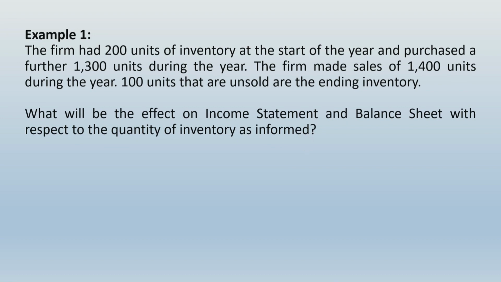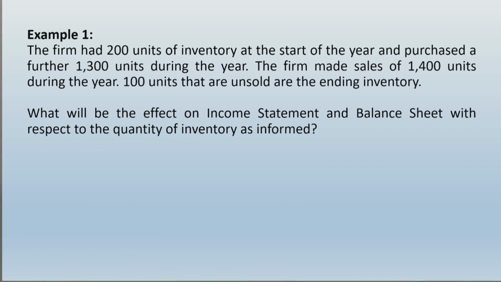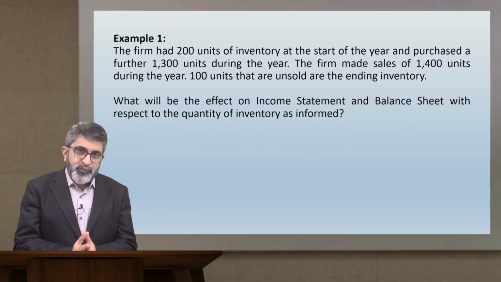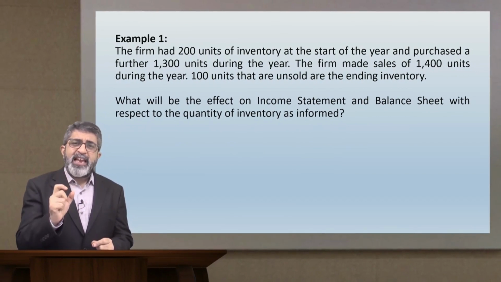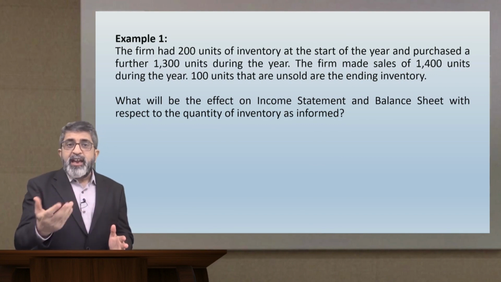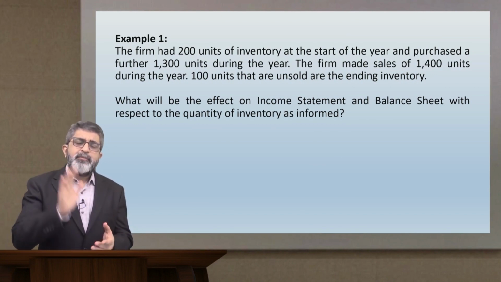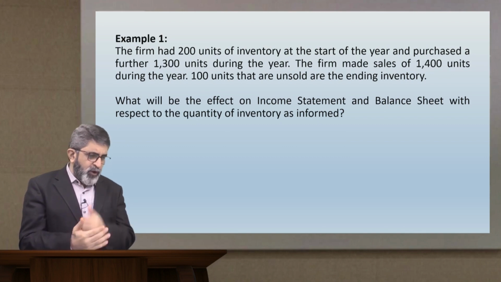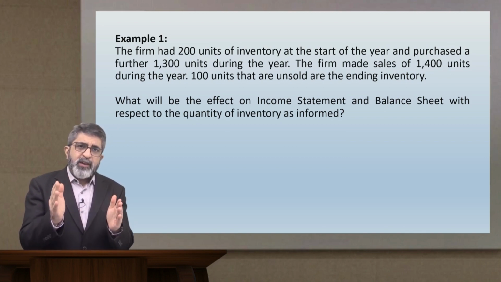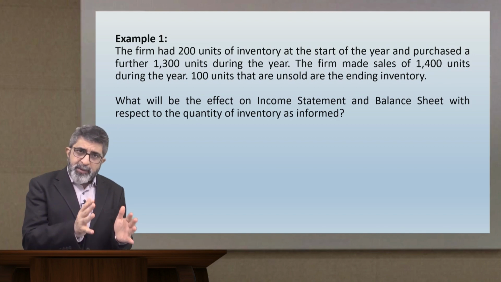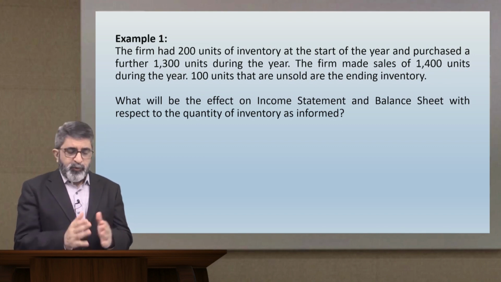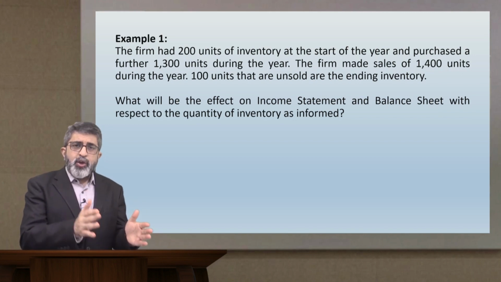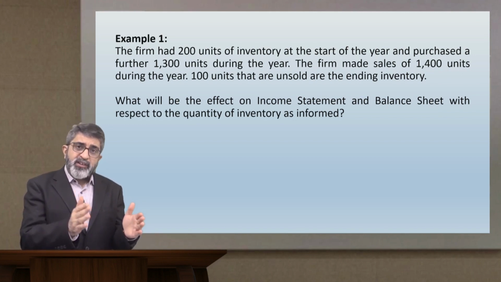So now this is where you need to apply the matching principle with respect to the sale of goods. Please observe one thing. You should always be in a position to reconcile the quantity, and then the revenue and cost matters can be incorporated. So 200 units of inventory were lying with you at the beginning, and you made a further purchase of 1,300 units.